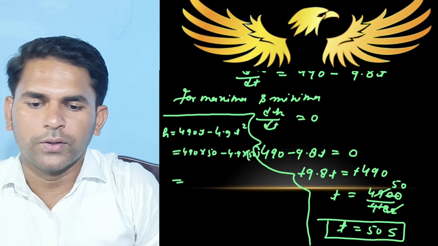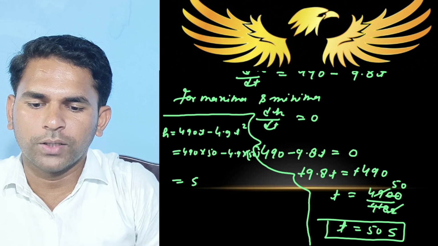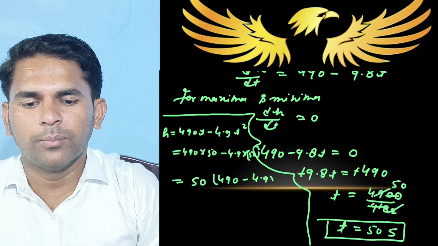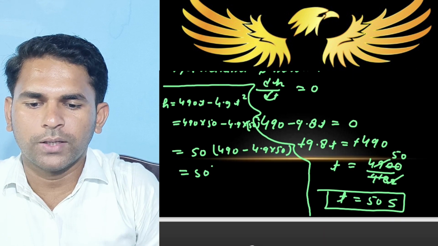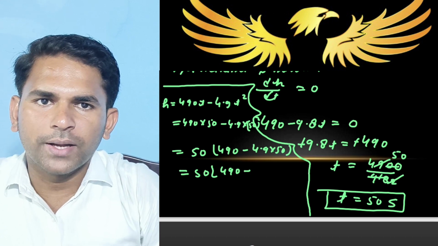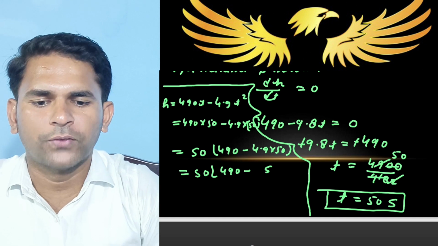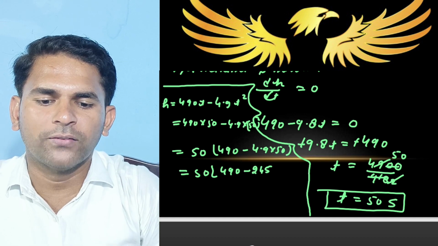So now we can solve this one. How can we solve it? You can take 50 common. So now we can write 50 times (490 minus 4.9 multiplied by 50). Now resolve this: 4.9 times 5 gives 24.5, but there is a 0 also, so 245 will come.